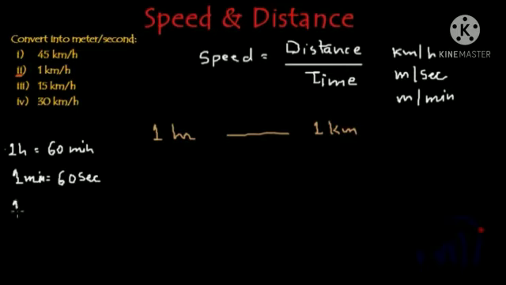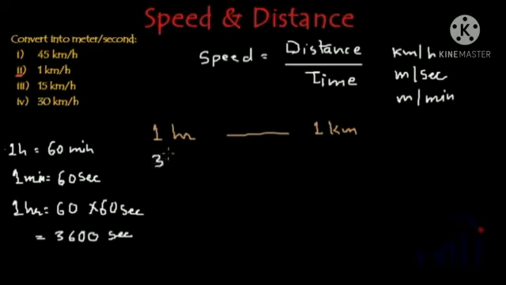1 hour is equal to 60 minutes and each minute is 60 seconds. So 60 multiplied by 60 seconds: 6 6s are 36, and write 2 zeros, so 3600 seconds. Since the person covers 1 kilometer in 1 hour, I write 1 hour in seconds.